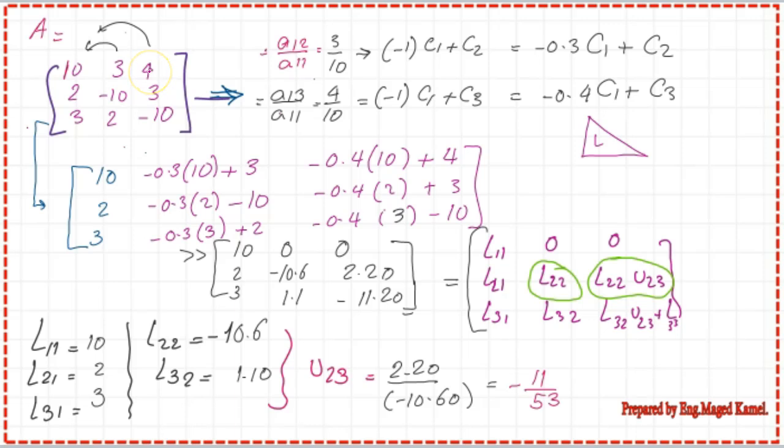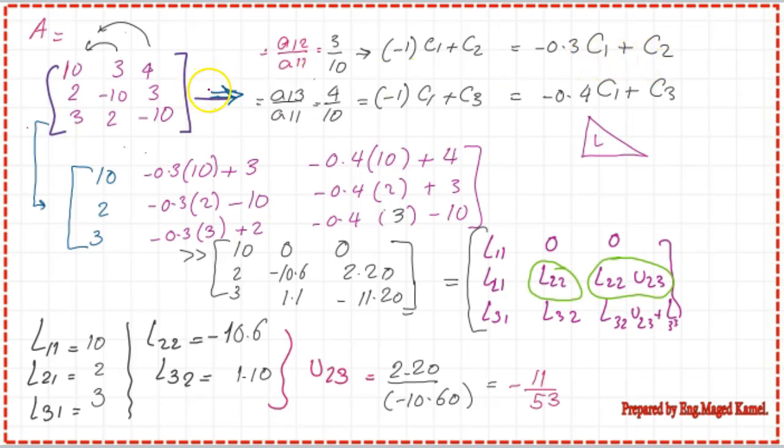We are going to achieve that by dividing A12 over A11, which is 3 over 10. We multiply by minus 1 and add to the second column. So we have minus 0.3 C1 plus C2.